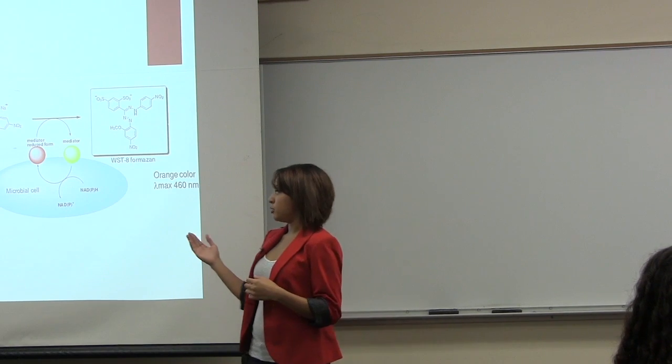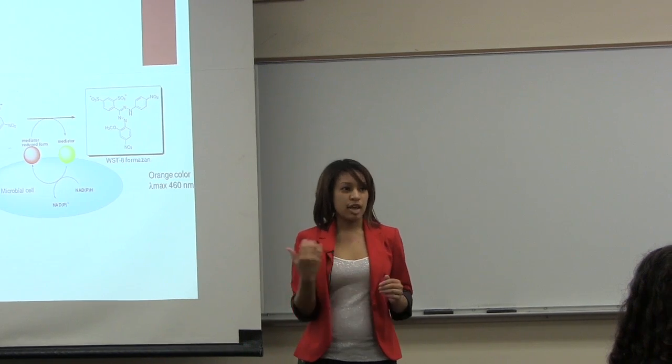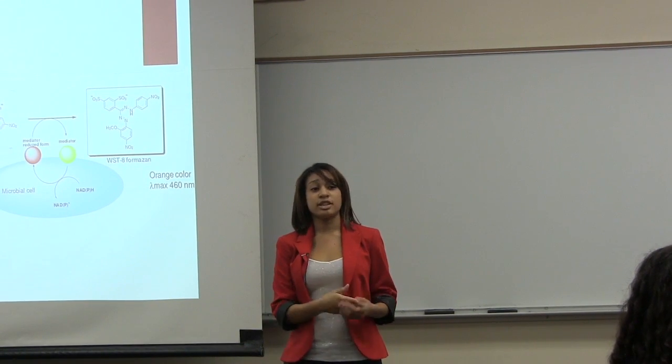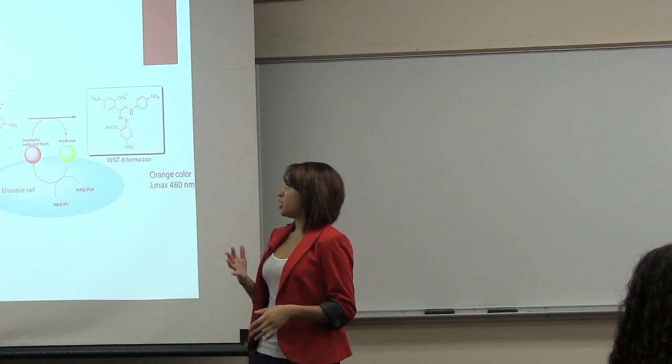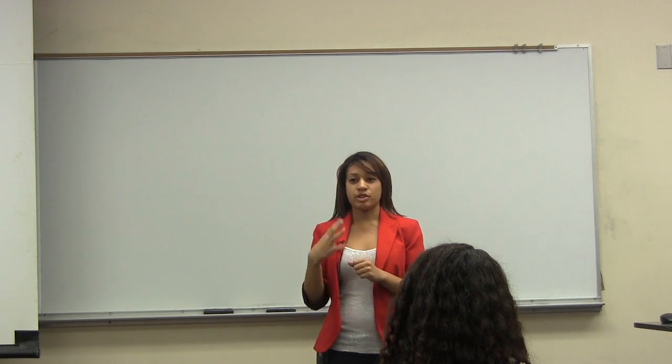And if we see a lighter color after we have added the MTS buffer, then we know this drug is cytotoxic, it's killing many of the cells. And then we know at what dose we get an IC50, which is the inhibitory concentration for 50% of the cells to be living and 50% of the cells to be dead.